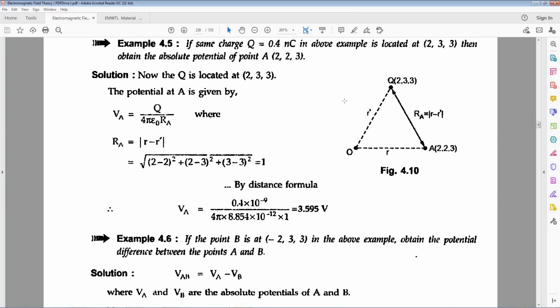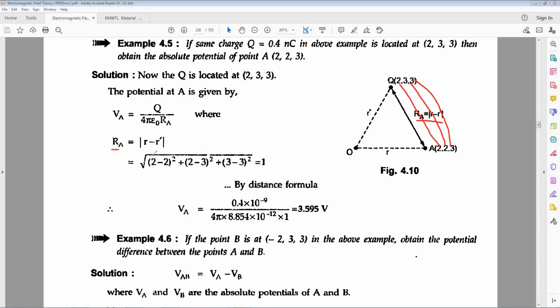Now the charge is at 2, 3, 3 and you have to find the absolute potential at point A, 2, 2 and 3. You can write it as 2 minus 2, 2 minus 3 and 3 minus 3.